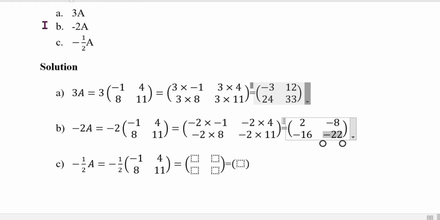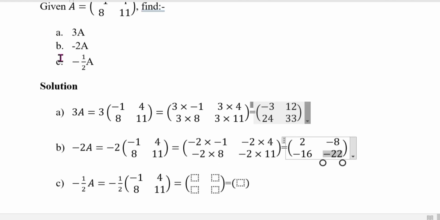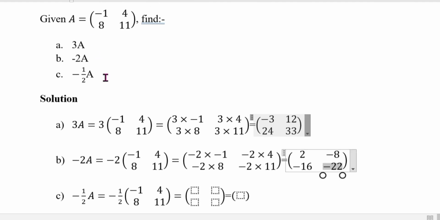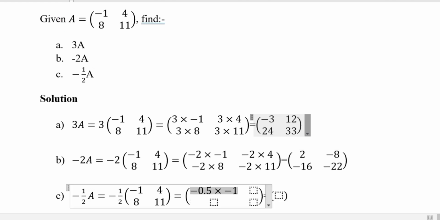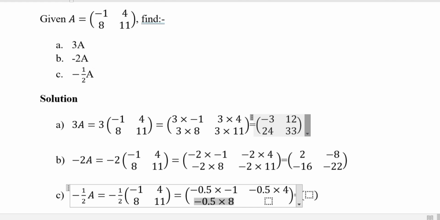For Roman 3, the third question, we are supposed to get negative half of matrix A. So you take that negative half and multiply it by the elements of matrix A. Negative half times negative 1, then negative half times 4, negative half times 8, and negative half times 11.